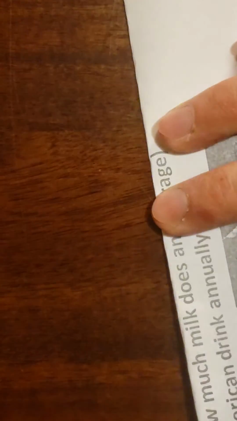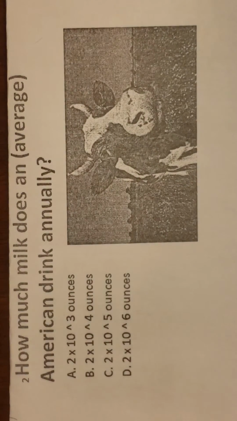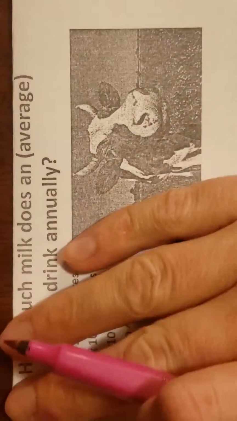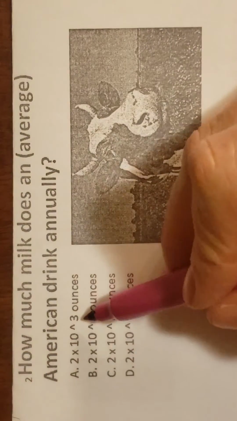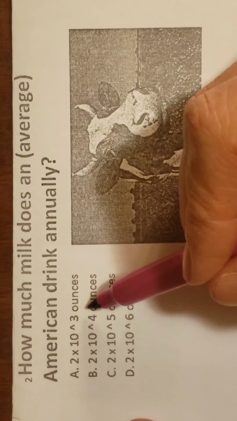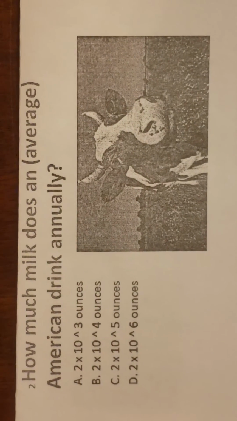Okay, how much milk does an average American drink? Now I get that some people are lactose intolerant and don't drink any milk. Some people could have their own personal cow and they would still want more milk. This is average, right? But these are all measured in ounces, and so this is kind of hard for kids. If you think of a soda can, like a can of pop, oh, I just said pop.